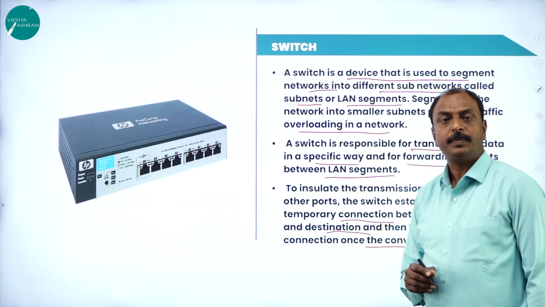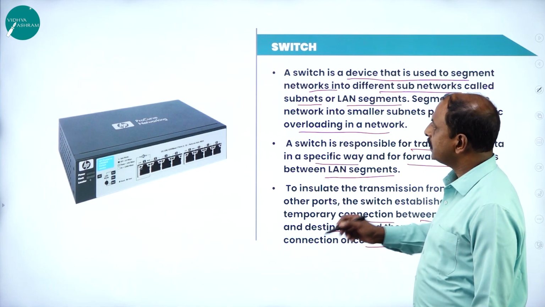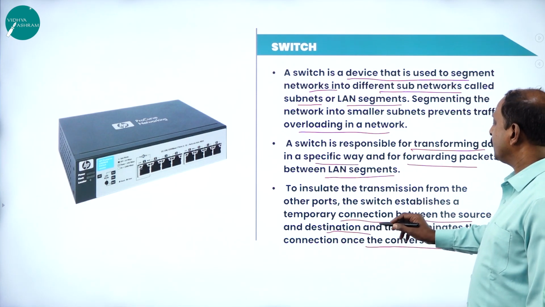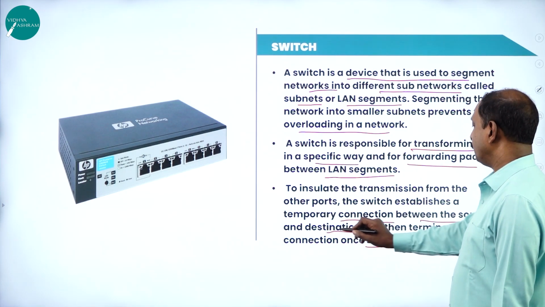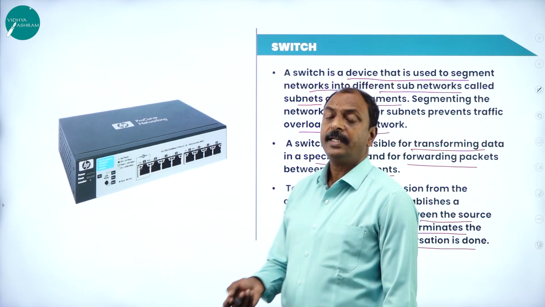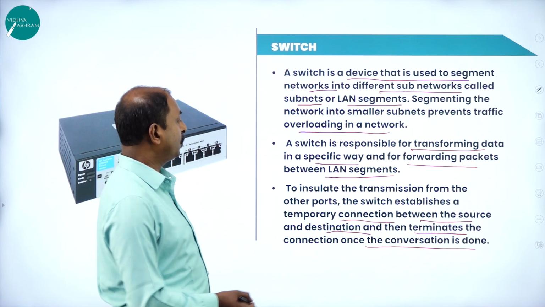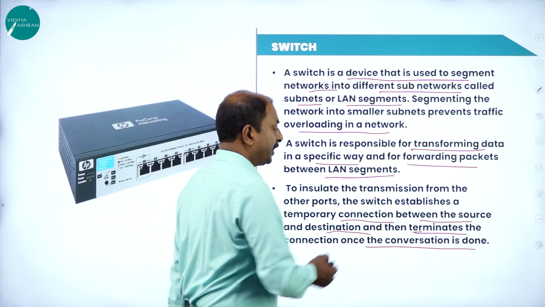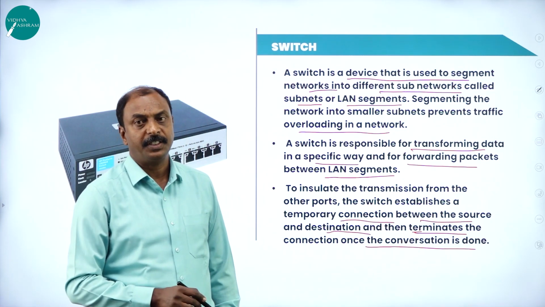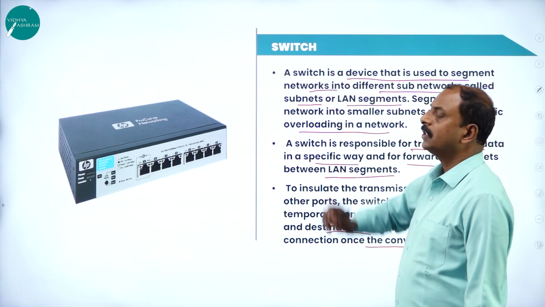So before transmitting the data between two devices, the switch first makes a temporary connection between the host and destination, and then transmits the data. Once the transmission is completed, it terminates the connection between host and destination.